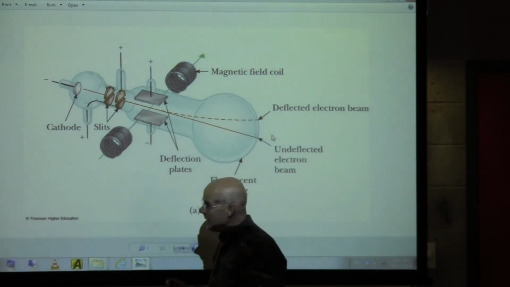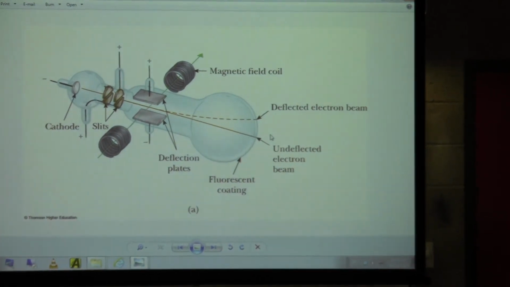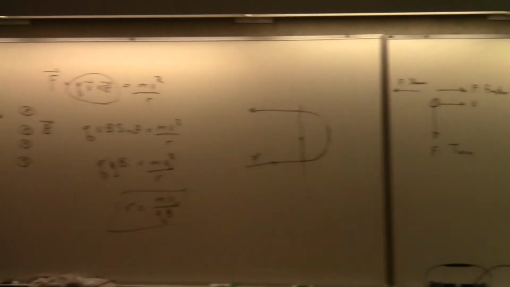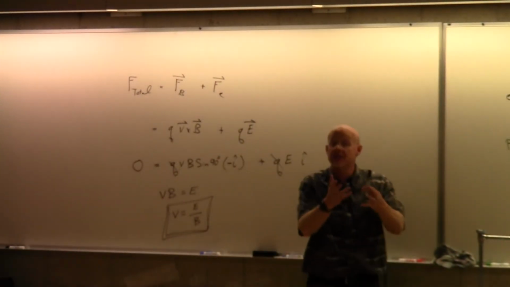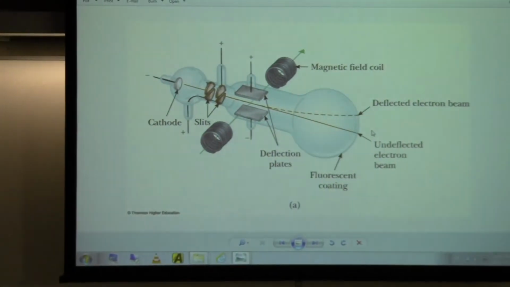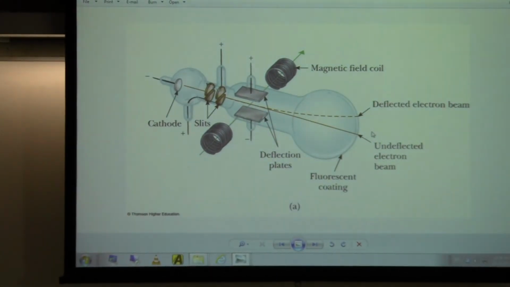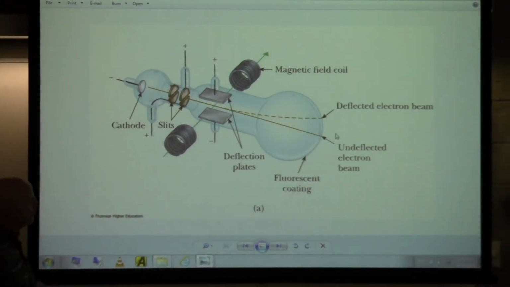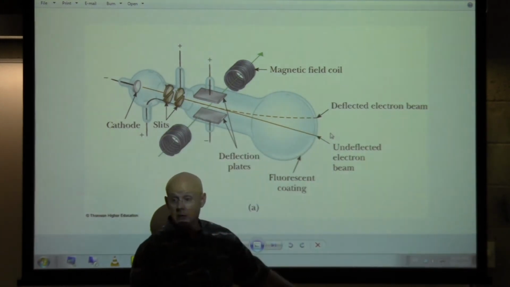Only the ones going the correct speed would get through my velocity selector. After that, they would begin to turn, and that can be used to control where they hit on the screen.